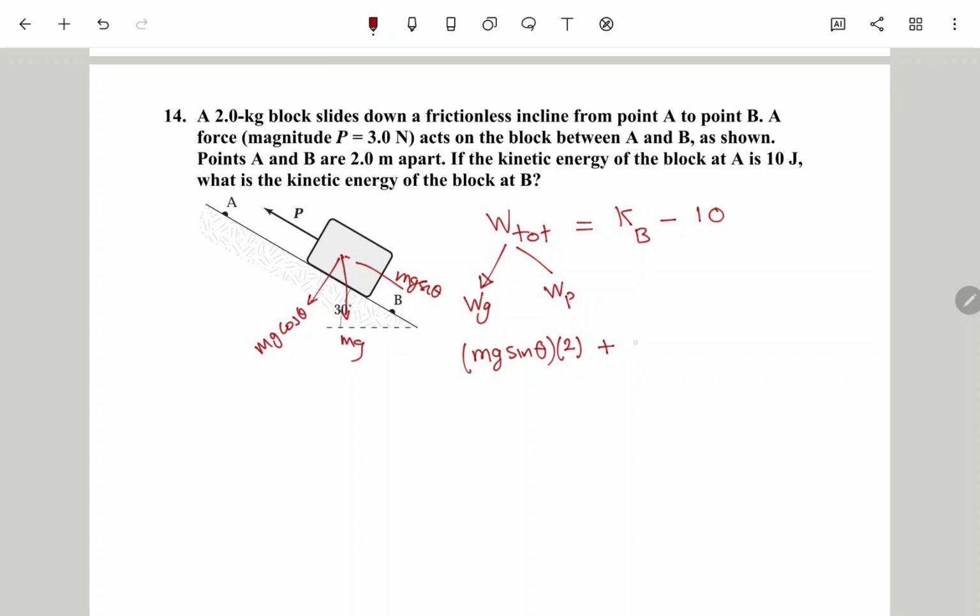Now P, the force here, times 2 times the angle between P and the distance and the force, it's 180. So cosine 180, it's minus 1. That's all equal to the kinetic energy of the block B minus 10. Rearrange this one here. The kinetic energy at point B equal to 14 plus 10, or equal to 24 joules.